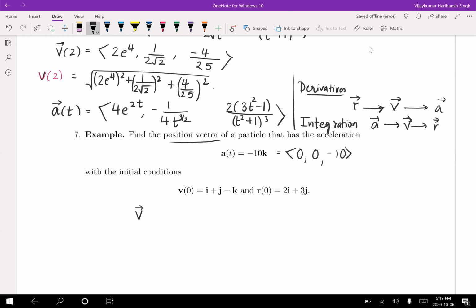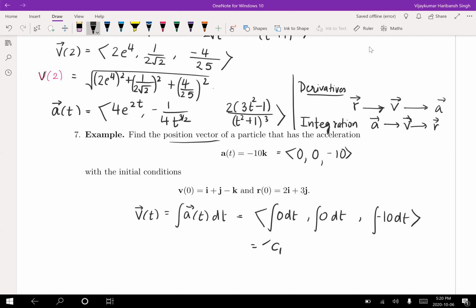So v of t is, by definition, the integral of a of t dt, which is going to be the integral of 0 is 0, so 0 plus C1. So we have 0 dt, 0 dt, minus 10 dt. And then this is going to be C1, C2, minus 10t.